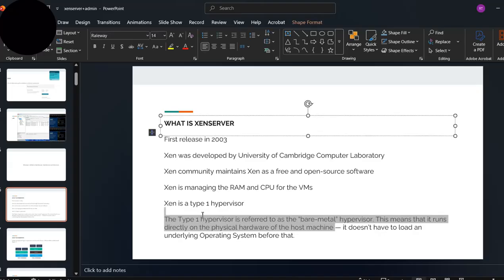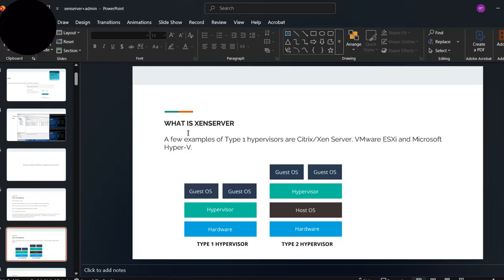This is the definition for type 1 hypervisor and this is the definition for type 2 hypervisor. A few examples of type 1 hypervisors are Citrix XenServer, which we will discuss in our full course, VMware ESXi and Microsoft Hyper-V. These are examples of type 1 or bare metal hypervisors.